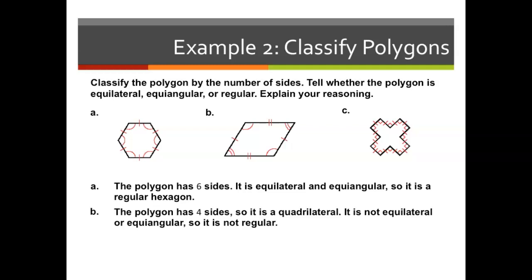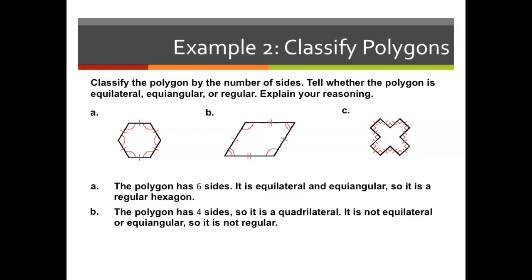All right, the last one, we see this polygon here has 12 sides, so we would say this is a dodecagon. And then looking at the sides, we see all the sides are congruent to each other. However, we can see that the angles inside this polygon are not all equal.